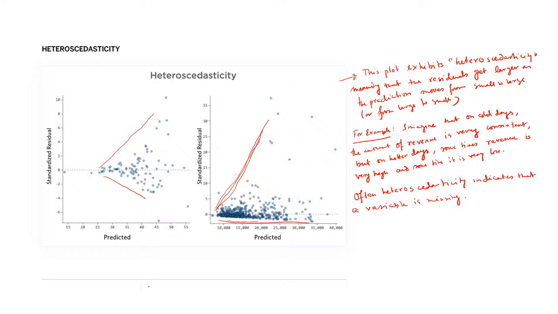So the problem is how to fix it. That means if heteroscedasticity occurs, how to fix this problem. So the next point is how to fix.